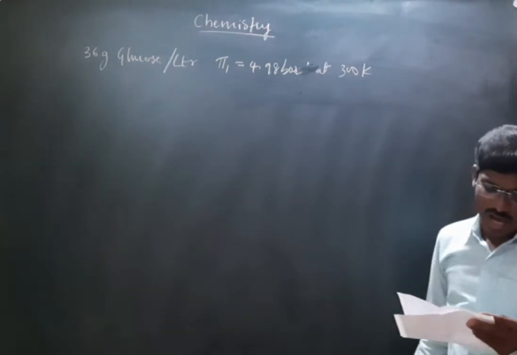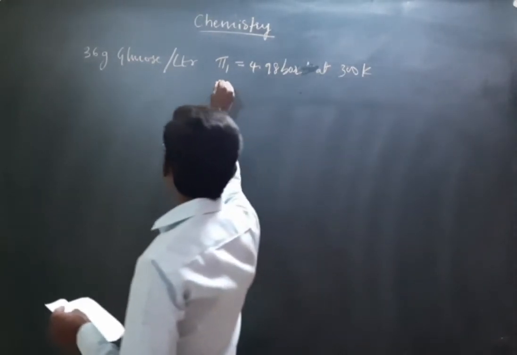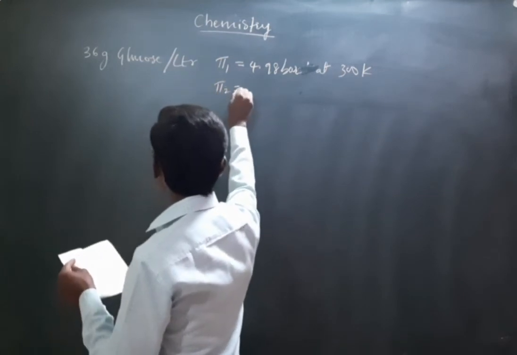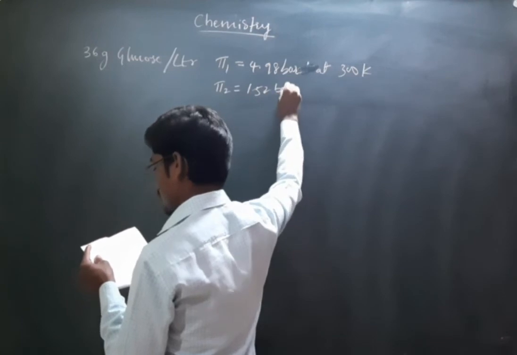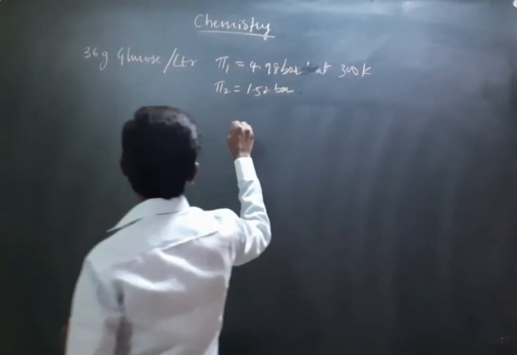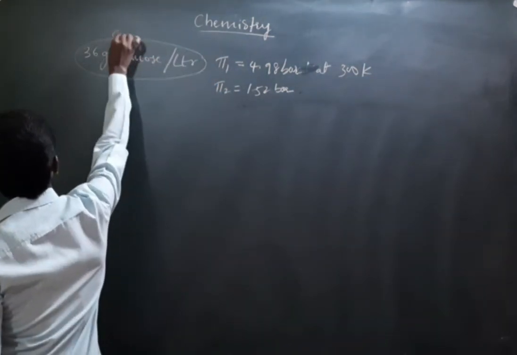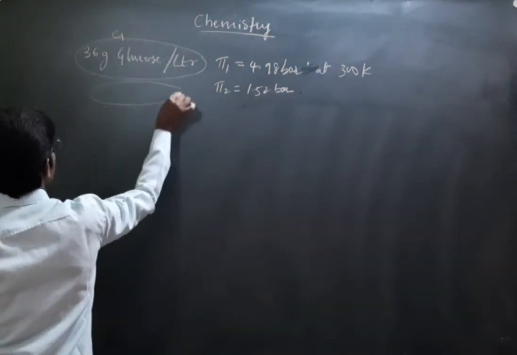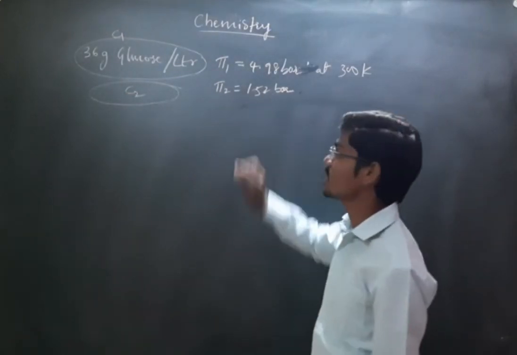Next, if the osmotic pressure of another solution is 1.52 bar at the same temperature, what will be its concentration? Here the first concentration is given. This is C1.